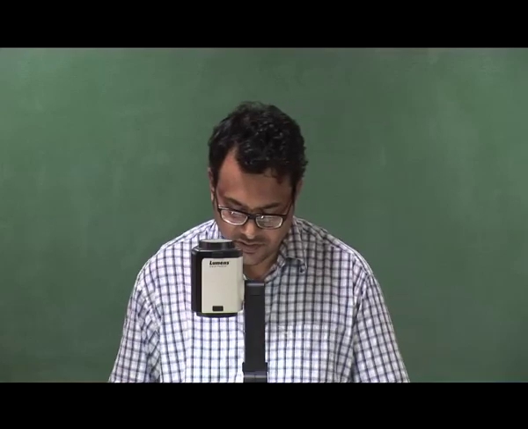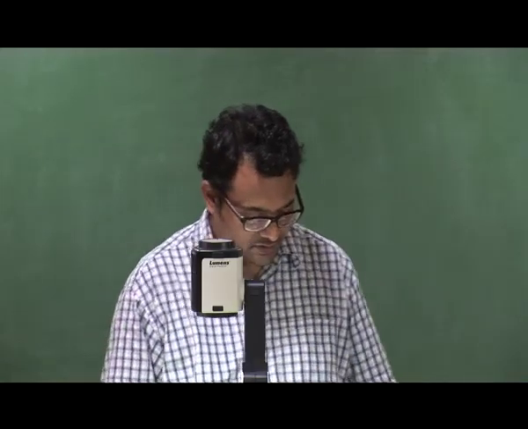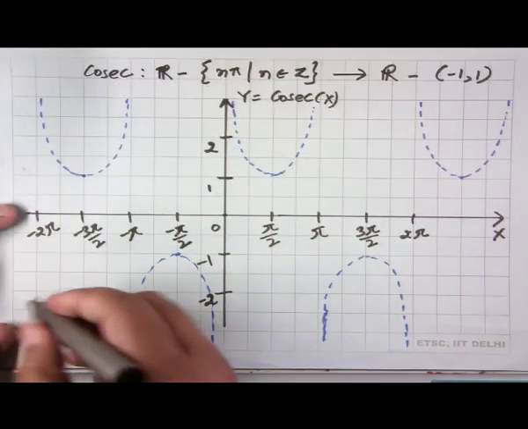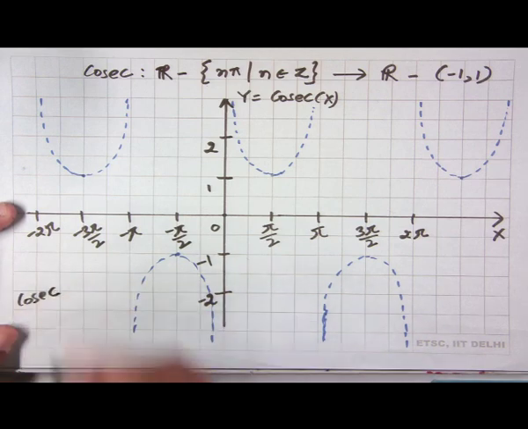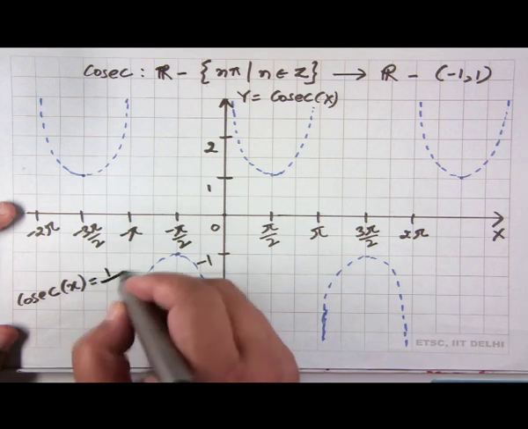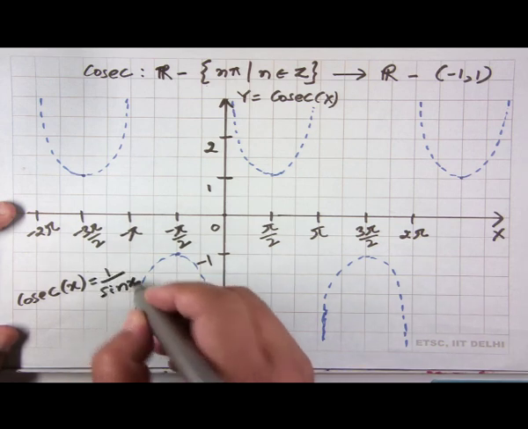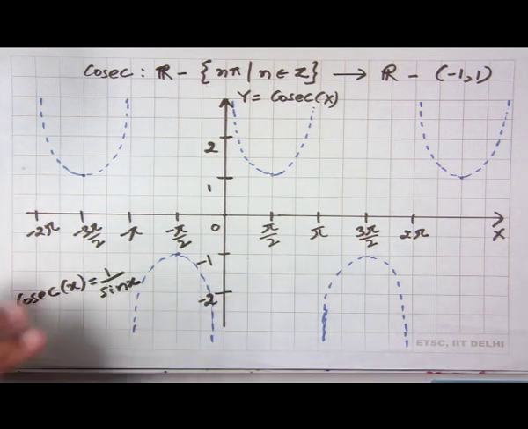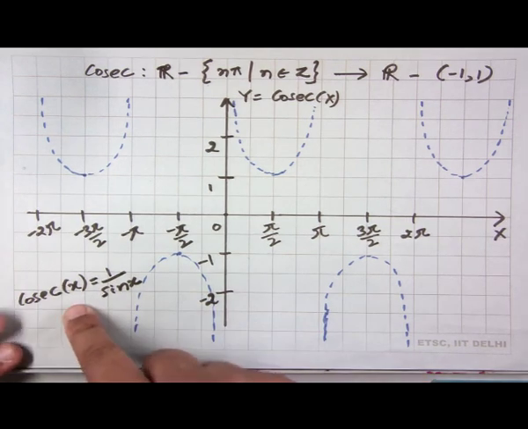The next function is the cosecant function. So, the cosecant function, cosec of x, is, as we know, defined as 1 over sine of x, and it is also a periodic trigonometric function.